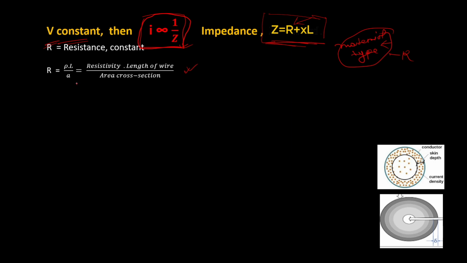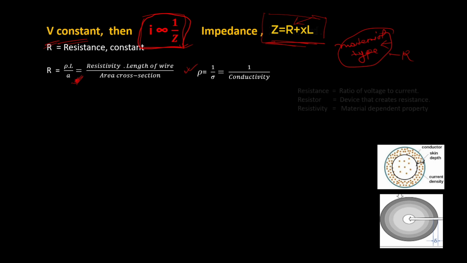The cross-section area also affects R, so it indirectly affects the skin effect, where rho is equal to 1 by sigma, that is, 1 by conductivity.